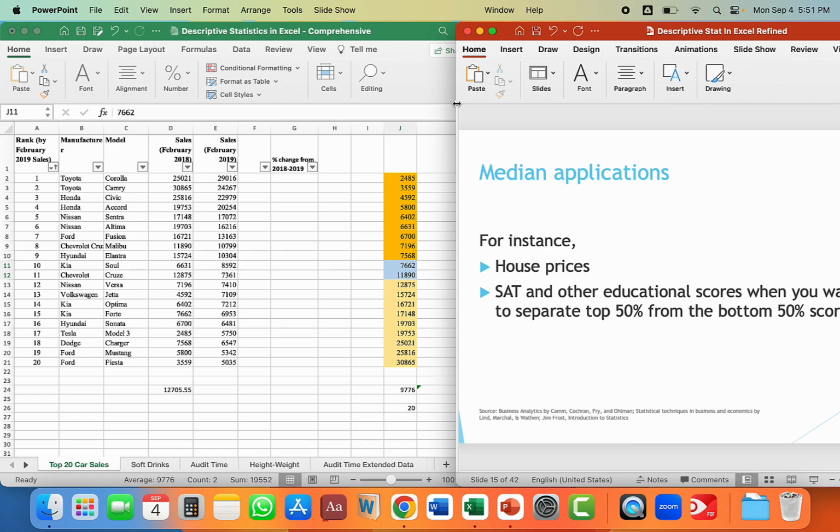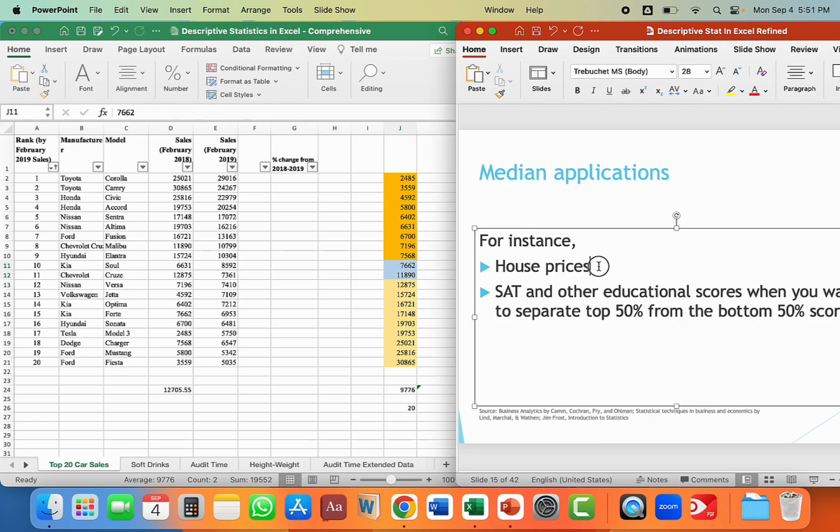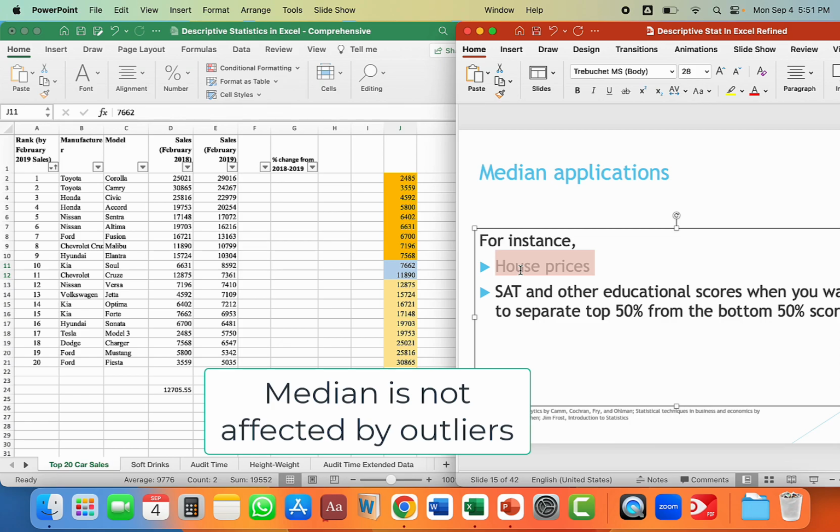Whenever you want to buy some property, you are interested in what is the median price, although you can also use arithmetic mean. But one of the limitations of arithmetic mean is that if there are some very expensive houses in that area, they will distort that mean, and you won't be getting a good idea of real estate prices.